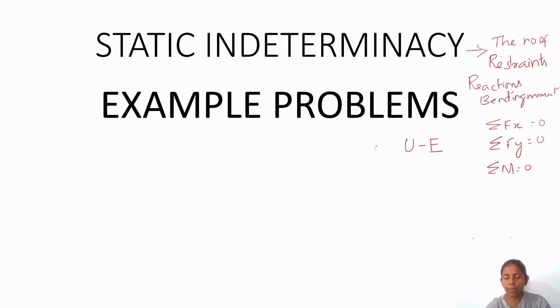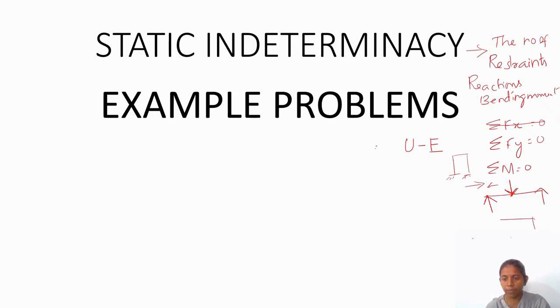In some cases, if a member is subjected to purely perpendicular loading, there is no horizontal loading, we can eliminate summation Fx equal to 0 because there is no horizontal load. So we need not take this equation into account. Then you can use the number of equilibrium equations as 2. And in portal frames and other types of structure, we should include all three equations.